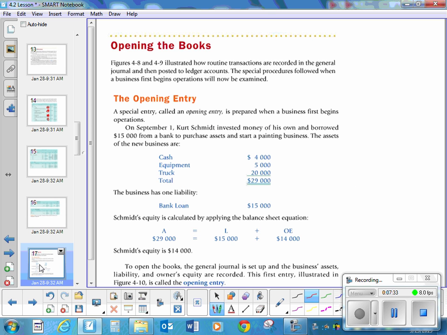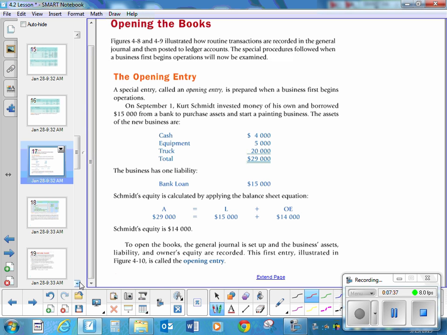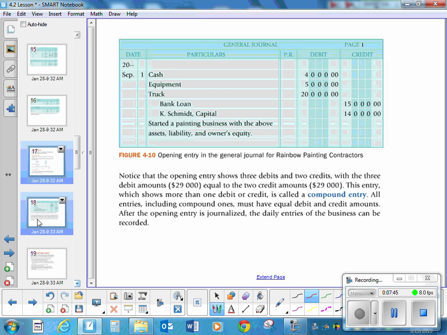Okay, the one last thing I need to show you too is recording the opening entry. At the beginning of the year or the beginning of the month, you have money that is kind of carrying over from one month to the next. When you put that in the general ledger, we call that an opening entry. So this is an example of your opening entry on September 1st.